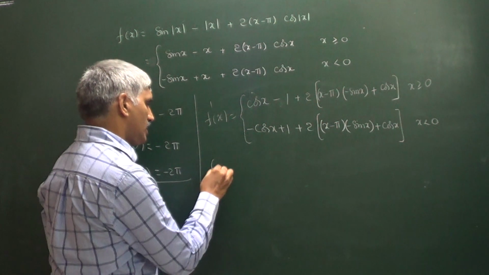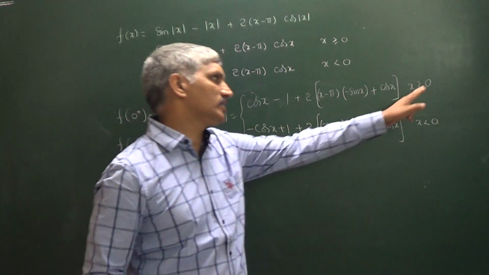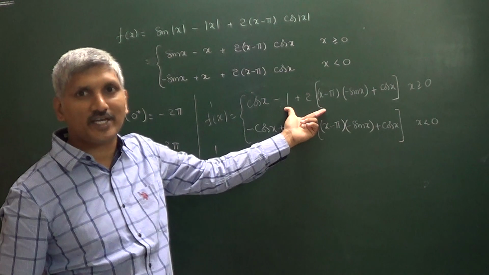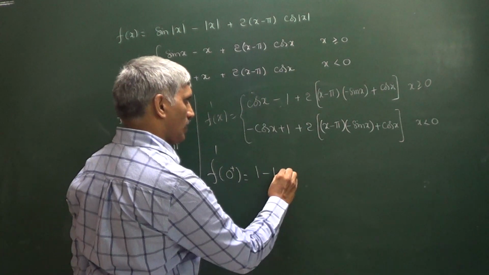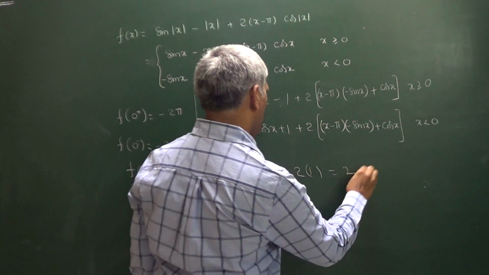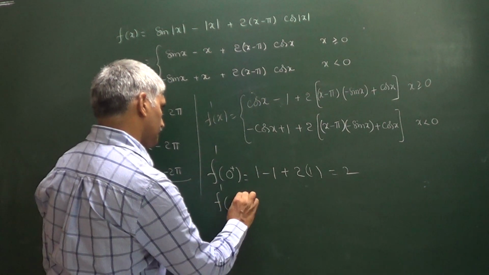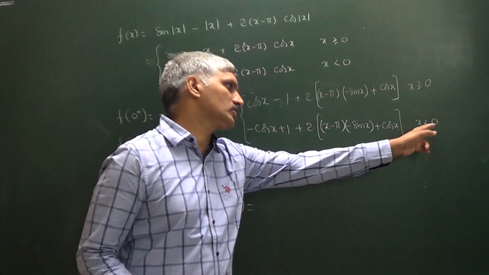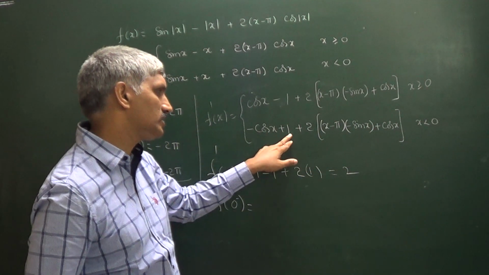Now tell me f dash of 0 plus. In the 0 plus case, this is the differentiation, put x equal to 0 here. Cos 0 is 1, minus 1 plus 2 into 1. So we are getting 2. Next, f dash of 0 minus. In the 0 minus case, this is its differentiation, cos 0 minus 1 plus 1 cancel.